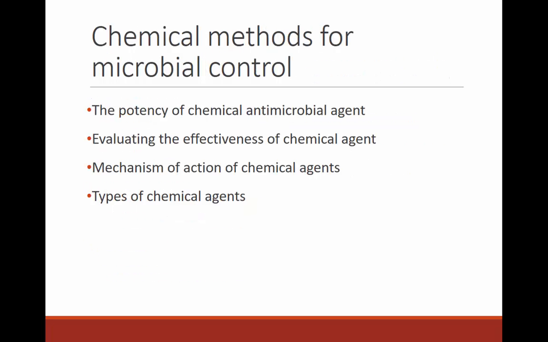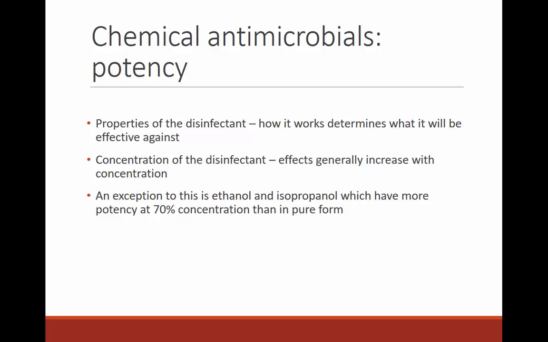So with the chemical methods, you need to think about the potency and the effectiveness. And to do that, you also have to consider the mechanisms of how they work. So if you think about a disinfectant, so we're talking surfaces, are all disinfectants effective against gram-positives, or all disinfectants effective against gram-negatives?